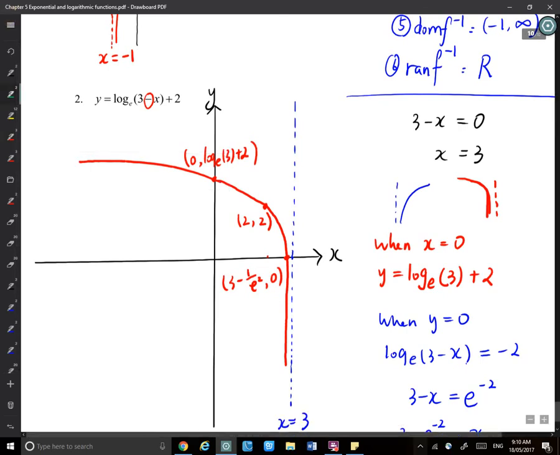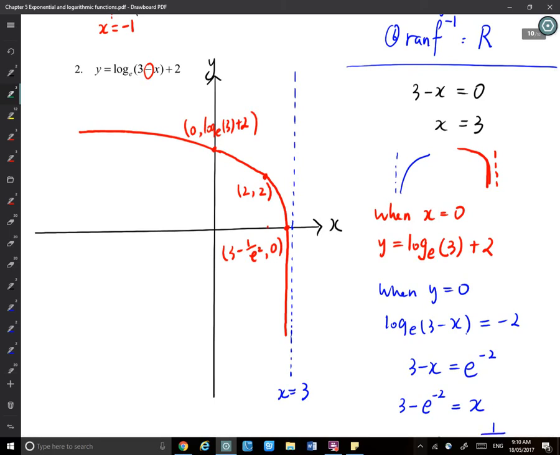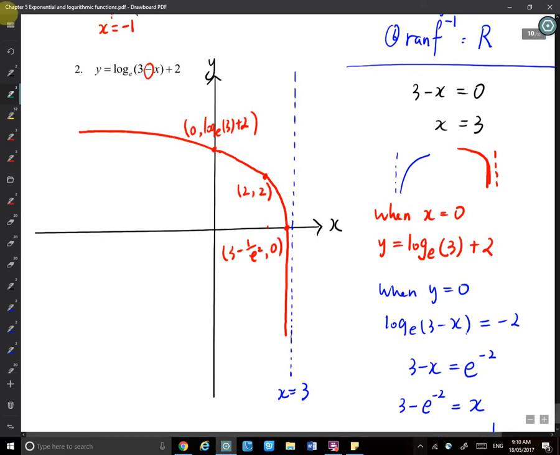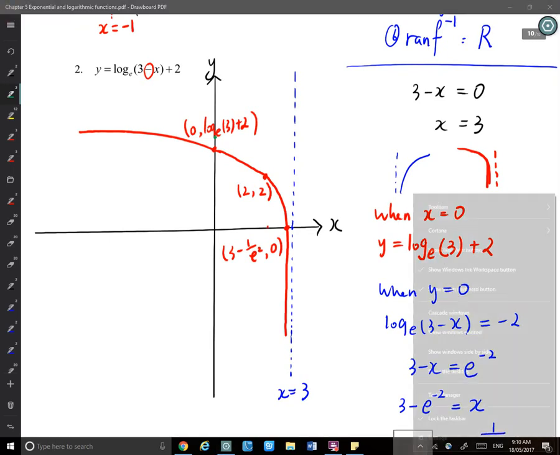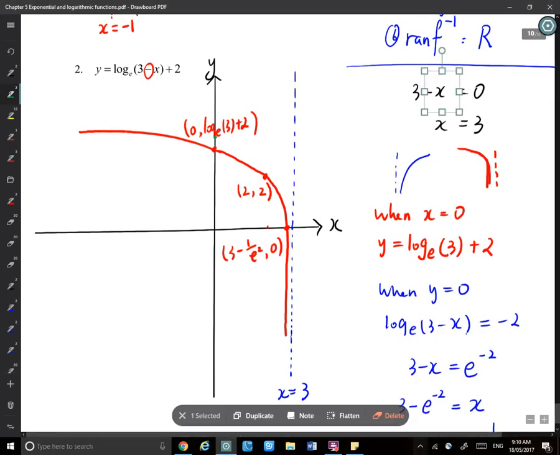inverse. Let's have a think about the inverse. So you have a graph, x equals 3, then you have y equals 3.